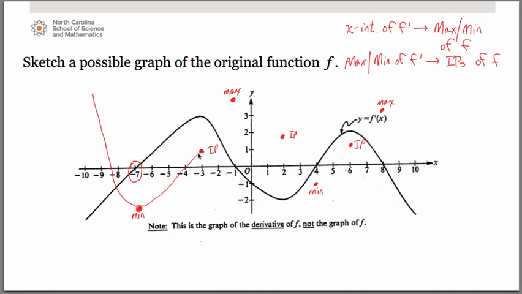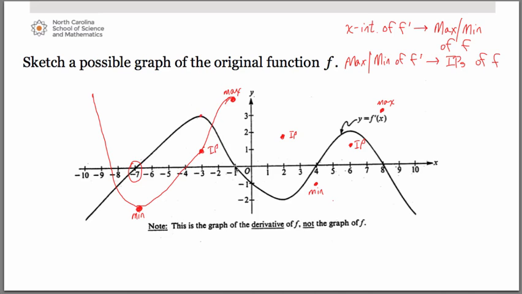I hit this inflection point, but it's going to keep being increasing, but now it changes to concave down. The more you draw these, the better you get at them. So that accounted for from this maximum right up here to about where it hit the x-intercept.